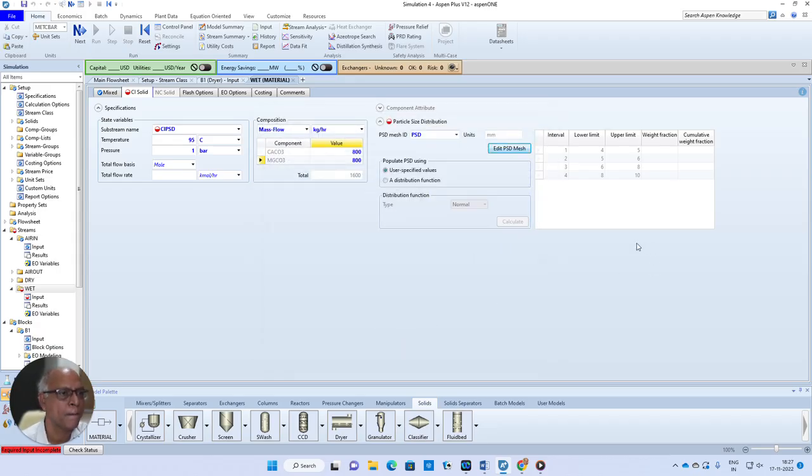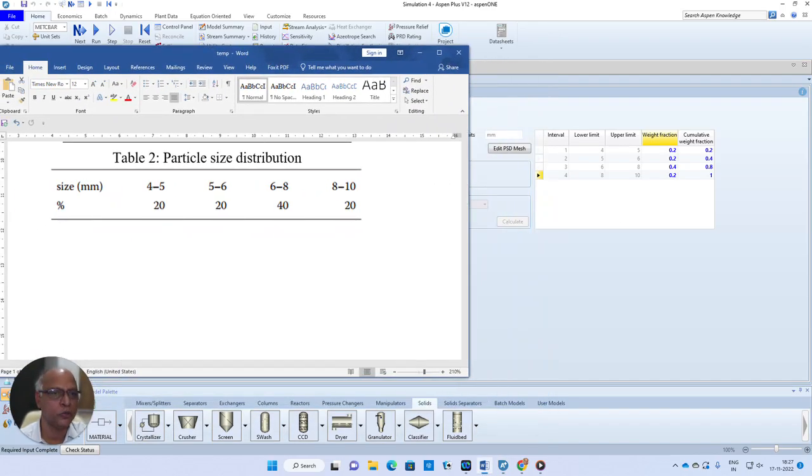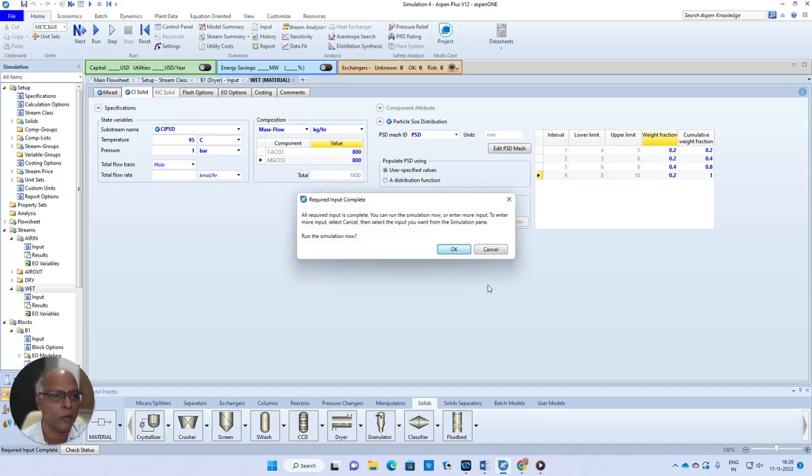According to this range, the weight fractions are given: 20%, 0.2, 0.2, 0.4, 0.2. You can once again refer back to the table that we had for the particle size distribution. So you can see the same data is entered. Having done this, I think we have completed all the required input, so we should be able to run the problem.